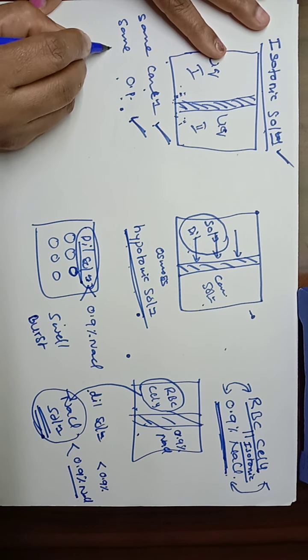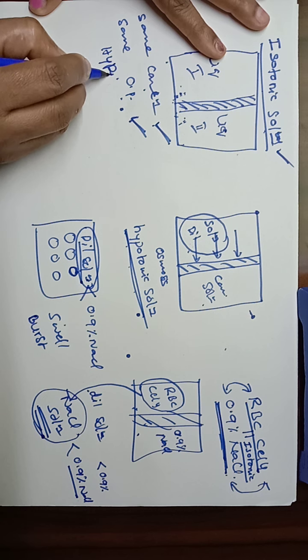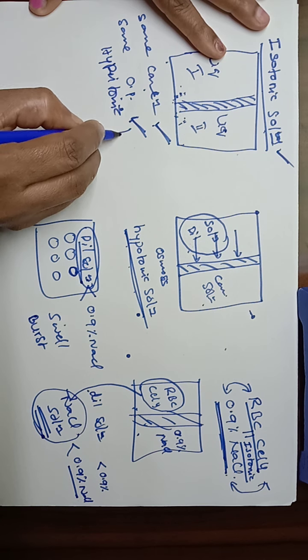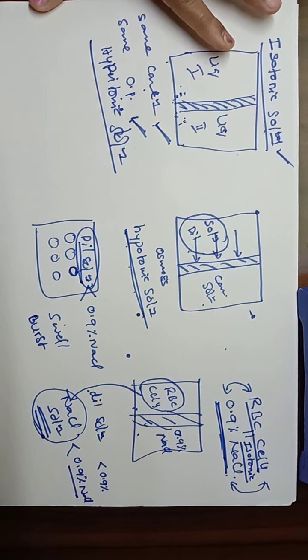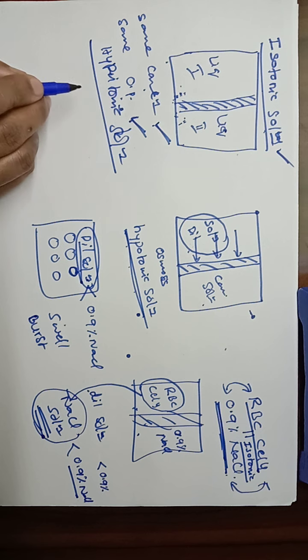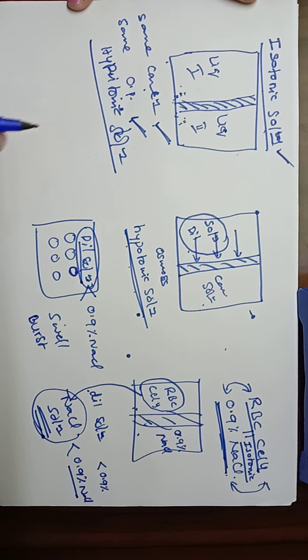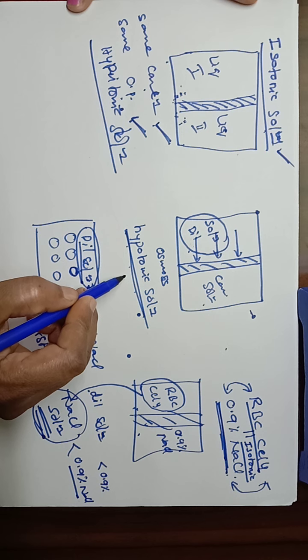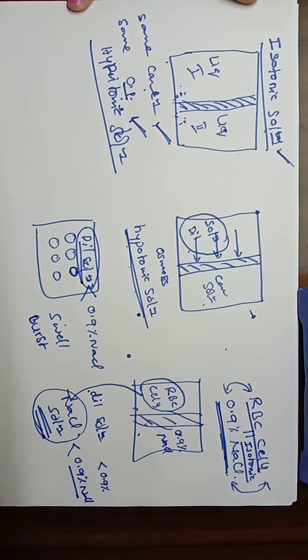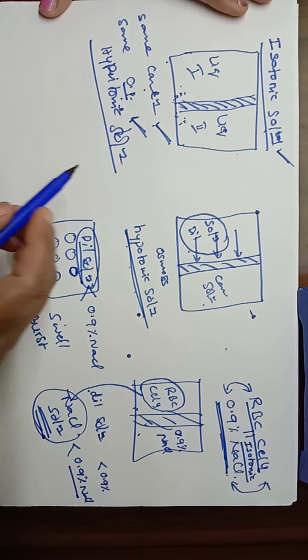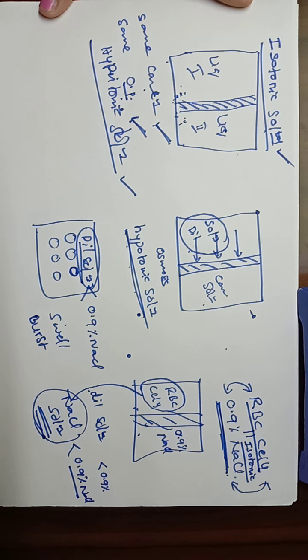Let us consider the hypertonic solution. What is a hypertonic solution? A solution which has more concentration and also more osmotic pressure than the other solution can be taken as a hypertonic solution.